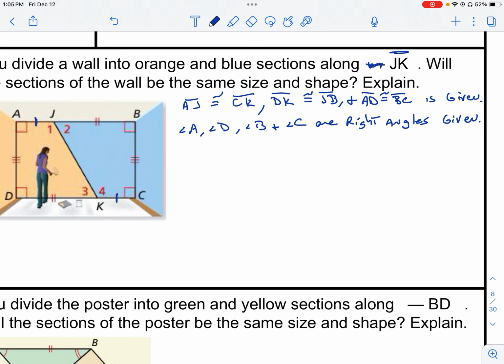We know that angle A is congruent to angle D, which is congruent to angle B, which is congruent to angle C because of the right angle congruence theorem, which tells us that all right angles are congruent to all other right angles.